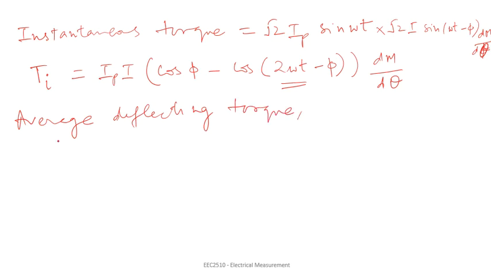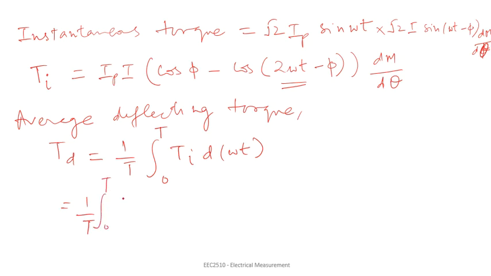The average deflecting torque, that is Td, can be calculated as 1 over T integral from 0 to T of Ti d(omega t), where in place of Ti you put the expression of the instantaneous torque.